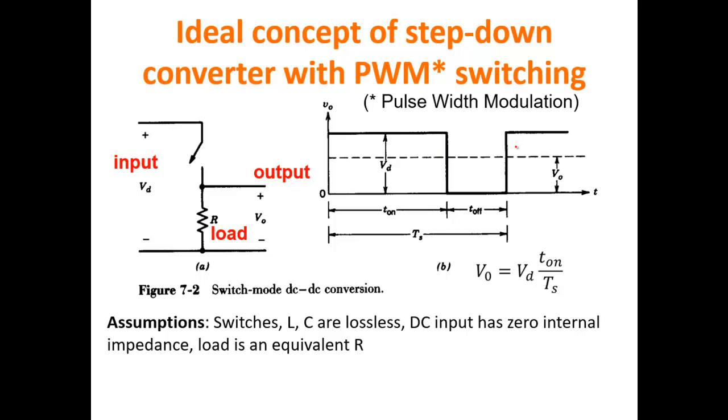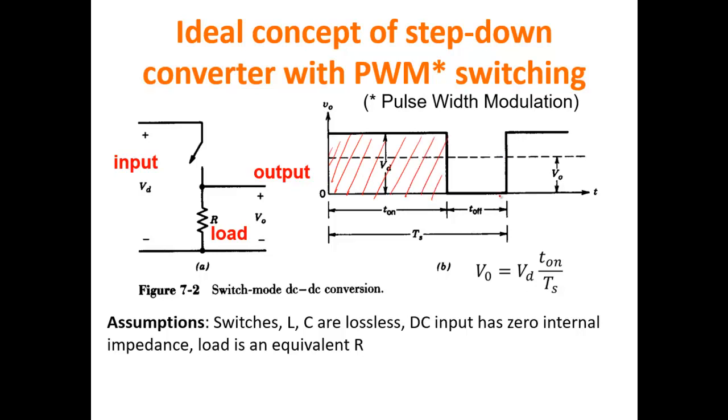VO. Of course, you don't have a constant voltage at the output. You have a voltage that is varying with a frequency equal to the switching frequency. But it has a constant component that depends on T on. So let's focus for the moment on the constant component. If Ts is the period of the switching time, you can compute the average voltage by integrating VO over a period and dividing by the length of the period.